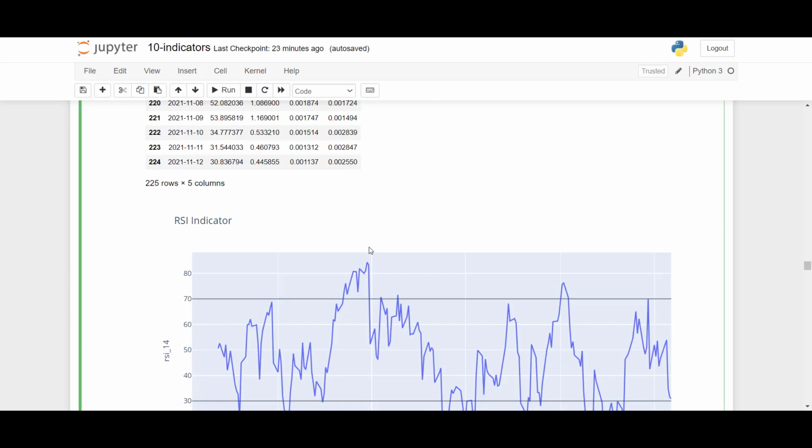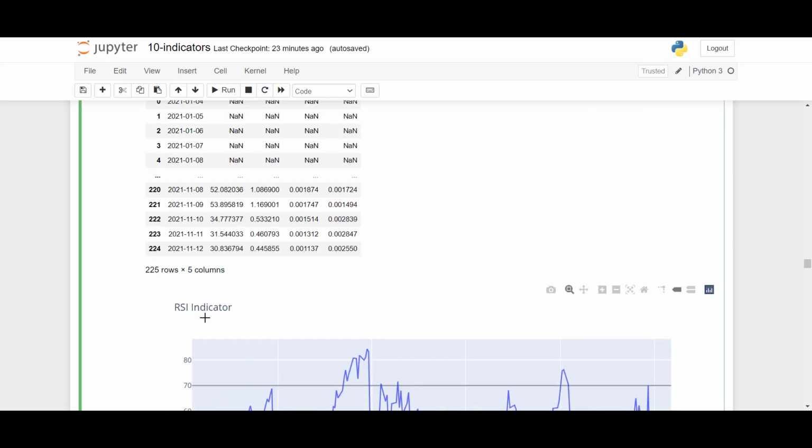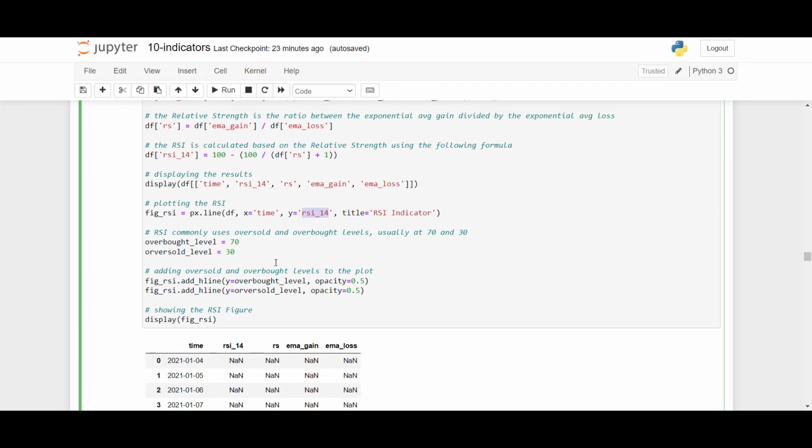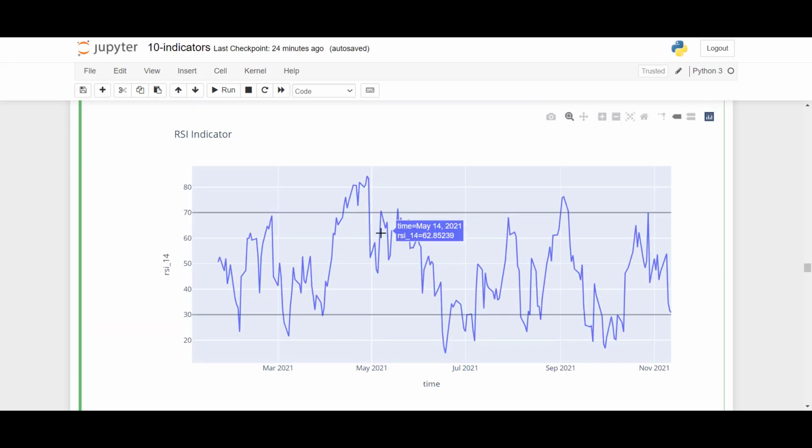I've also added these lines, since 70 and 30 are commonly used levels to define overbought and oversold. To add these horizontal lines to our figure, we can use add H line, which stands for add horizontal line, and in the Y parameter we add the overbought and oversold levels, which are these horizontal lines here. Okay, so this is the RSI indicator.